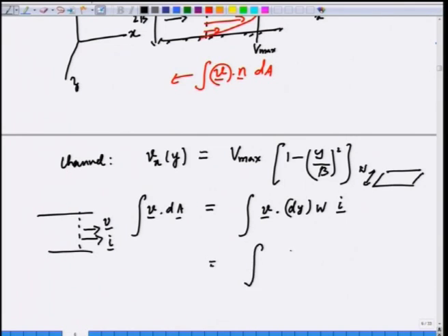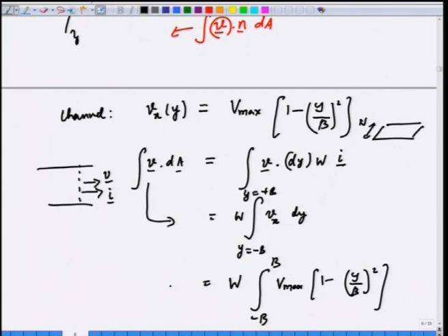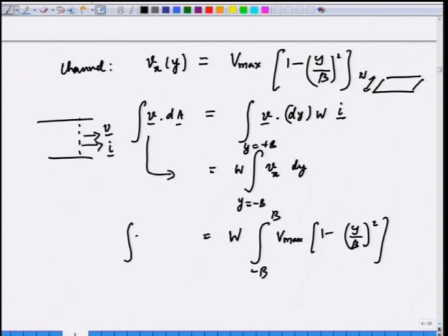W is a constant and can be pulled out, so it is W times the integral of V x dy from y equals minus b to y equals plus b, where V x of y is V max times 1 minus y by b, squared. This is the meaning of the integral of V dot dA for a non-uniform flow.